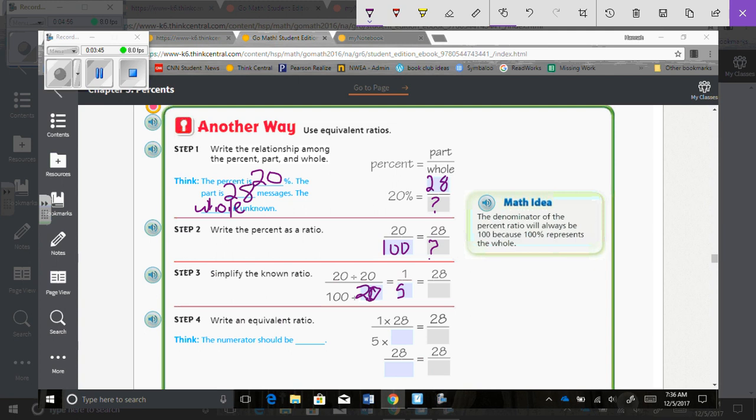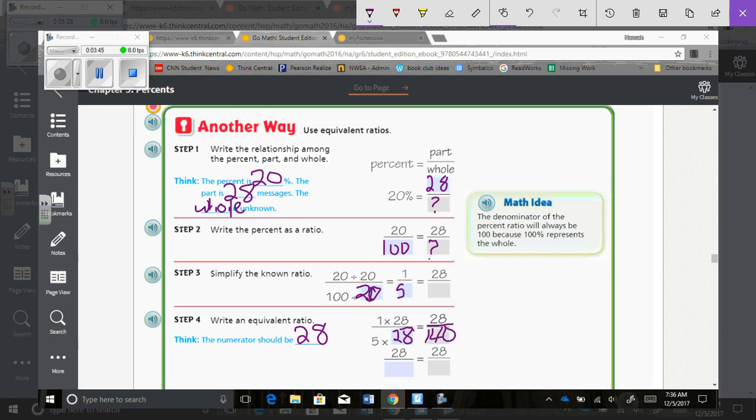Step 4 is write an equivalent ratio. The numerator should be 28. So we take 1 times 28 because we need to get that equivalent, so we need 28 on both numerators. And then we need to do that same thing to the bottom, which is 5 times 28. 1 times 28 is 28, which we have here, and then 5 times 28 is 140.